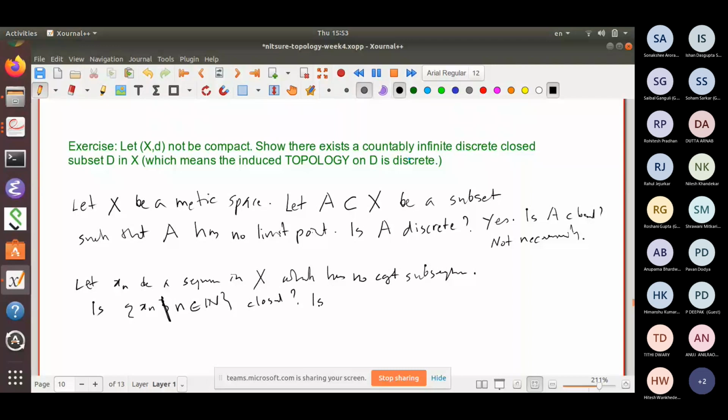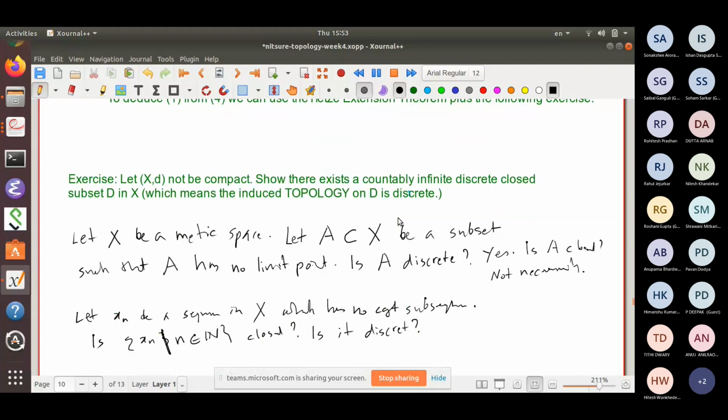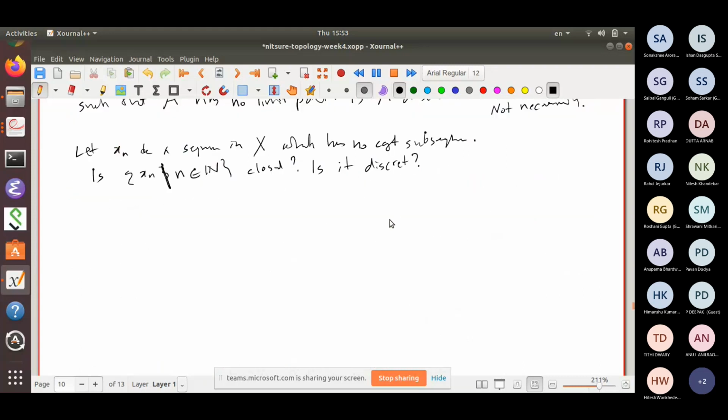Is it discrete? And you would say both answers are yes. Once you produce such a set D, which is an infinite discrete closed set, now you proceed as follows.